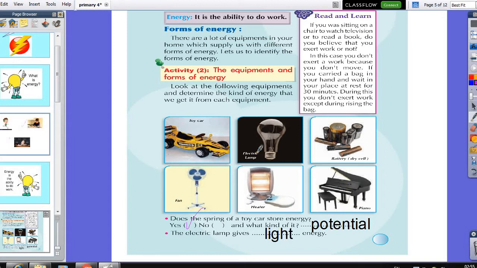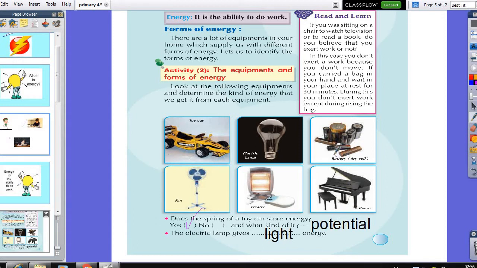So I have here two types of energy: electric energy, which causes the lamp to turn on, and the light energy, which is produced by the electric lamp.